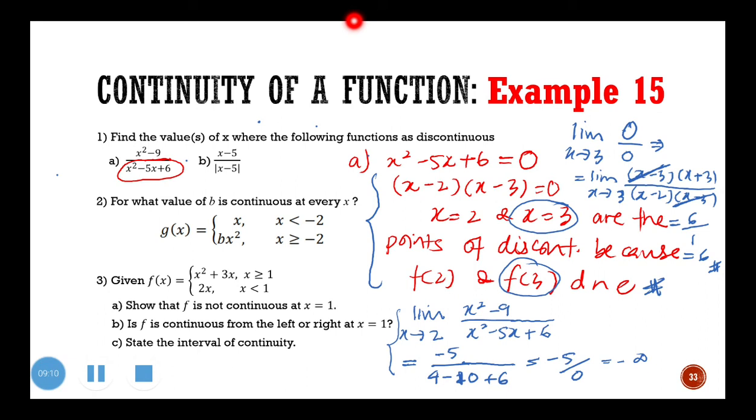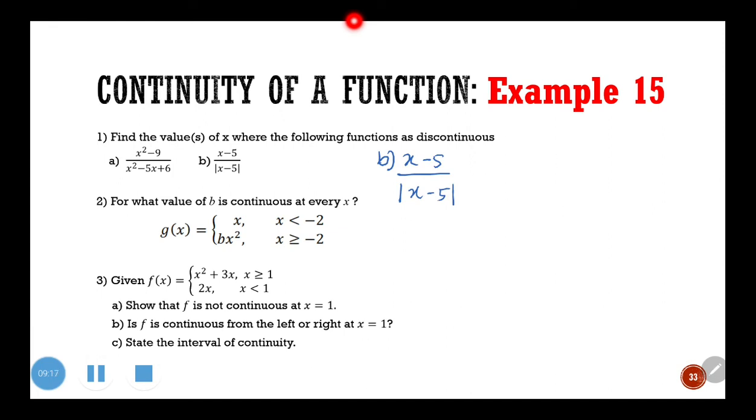Okay, so we're done with A. Now we're going to proceed with B. For B it's also simple. We have x minus 5 over modulus of x minus 5. And I'm sure everyone can guess what is the point of discontinuity for this function. What makes the function become undefined?